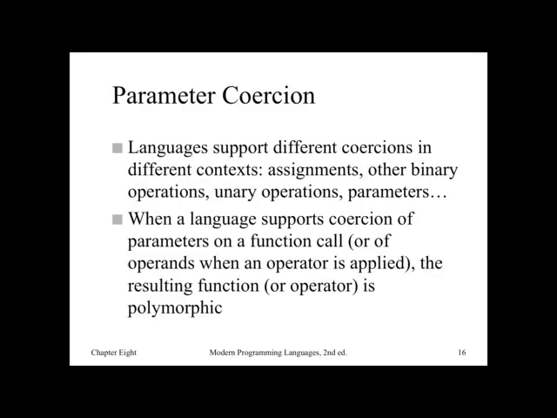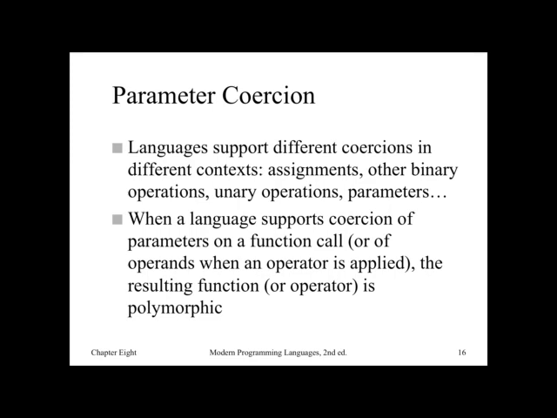So, different support in different languages. And you knew I was going to go there, right? Because that's always the case. And it depends on the context. What about during assignments? What about binary operators when you have 2 operands? What about unary operators when you have only 1? What about parameters as they're coming into function calls?